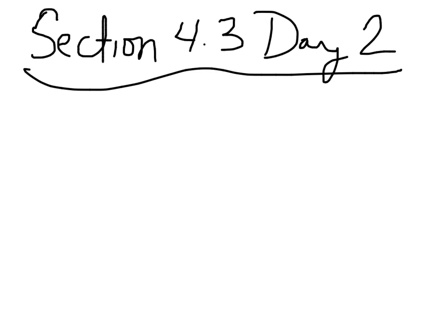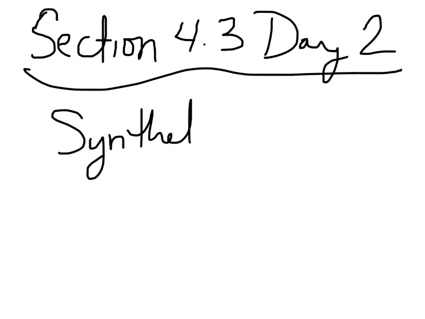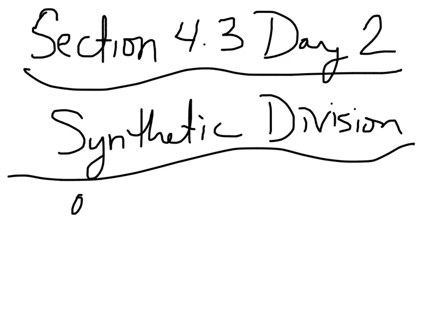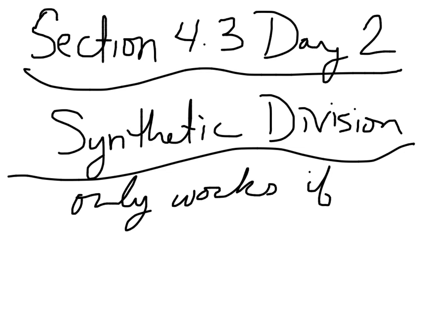The new way that we're going to go through is called synthetic division. With synthetic division, this only works if the divisor, do you remember which one the divisor was?